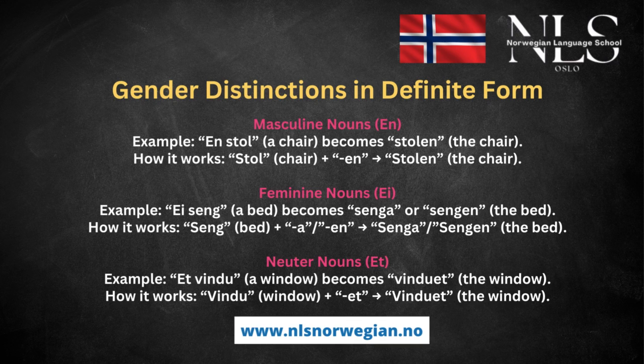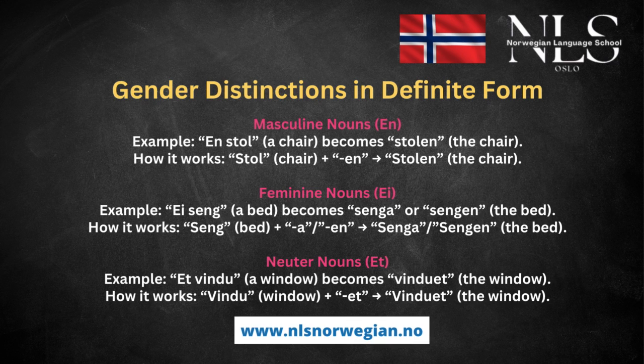How it works: seng, bed, plus a or en, senga, or sengen, the bed. The choice between a and en can depend on regional dialects or personal preference. However, both suffixes clearly indicate the noun's feminine gender in its definite form, since feminine nouns also can include adding en, like you find in masculine nouns.